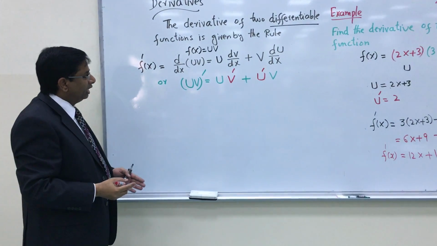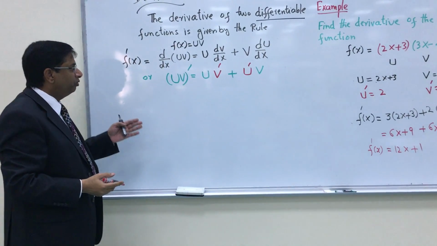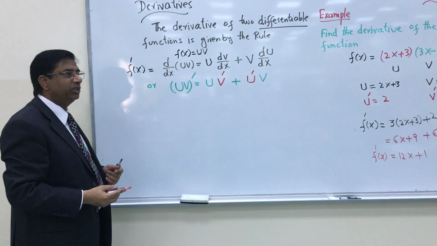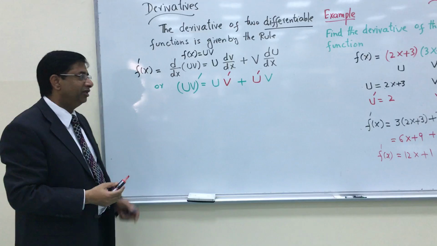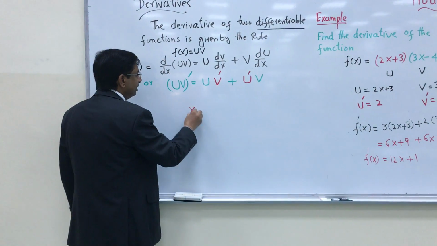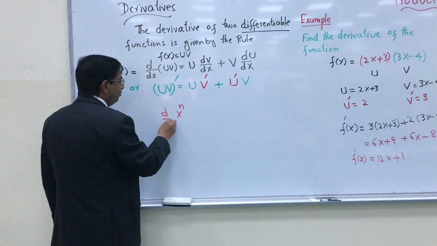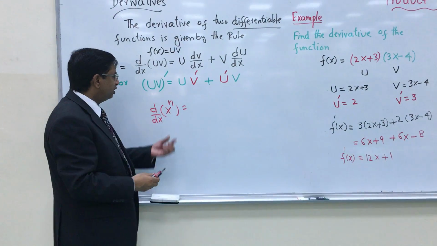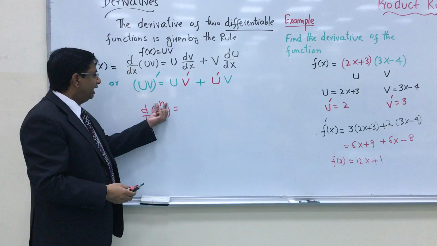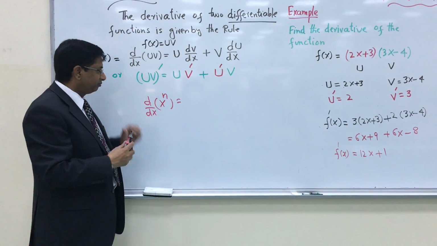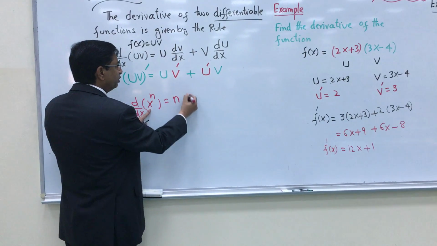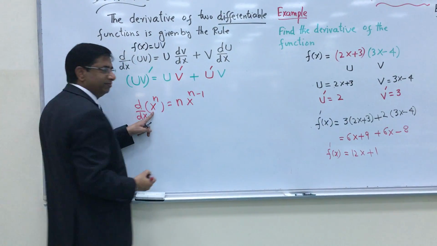Before applying this rule on any function, I would like to remind you the basic formula for differentiation. If we want to differentiate x raised to the power n, in which x is a variable and n is a constant number, it is n times x raised to the power n minus 1.